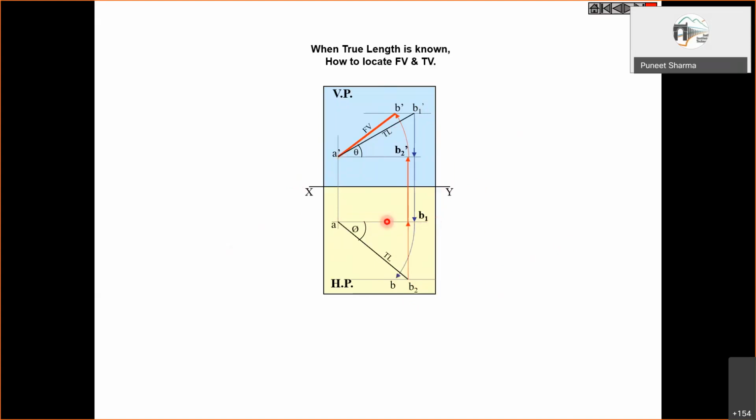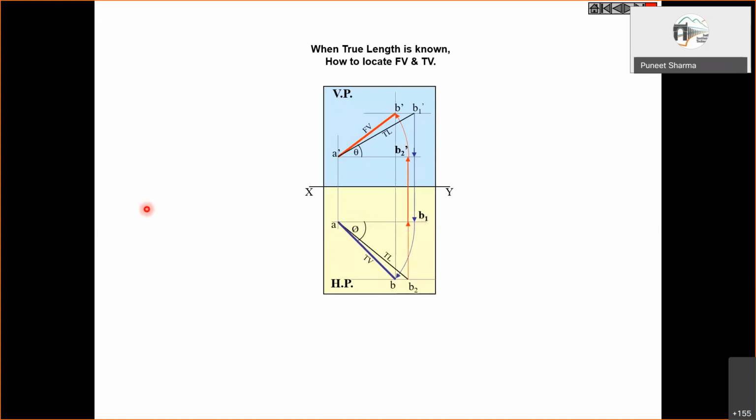Then again, this length will be the same as long as theta is the inclination with the horizontal plane. And point B has to maintain this much distance when the line is inclined at angle phi with the vertical plane. So both are merged when this B1 is brought to this level. This gives us the location of B, and as we join together we get the top view.